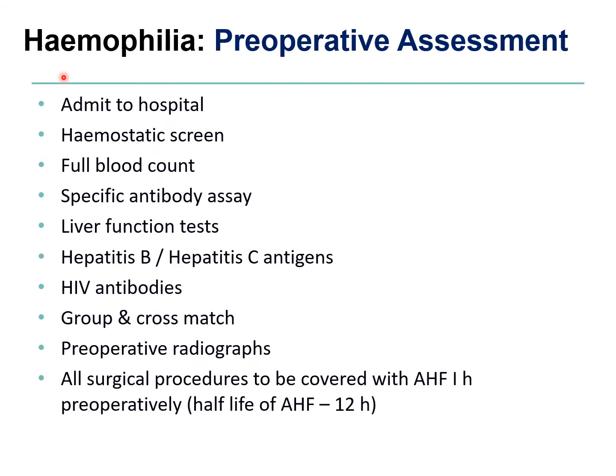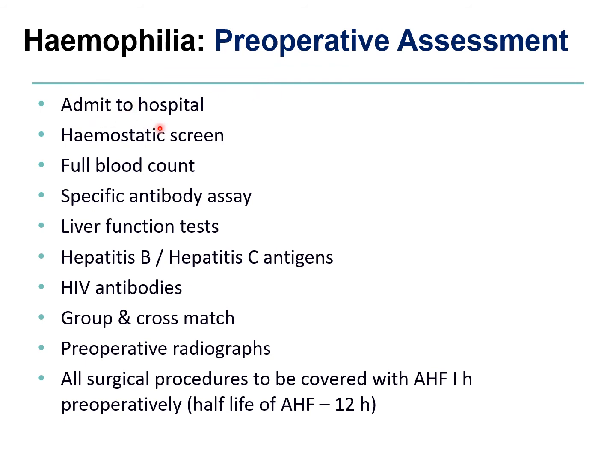Now, patients requiring surgical treatment are managed under the care of a hospital-based hematologist, and you're unlikely to be treating hemophilic patients in primary care. But just for the sake of your understanding, hemophilic patients requiring operative surgery need to undergo a thorough preoperative assessment.